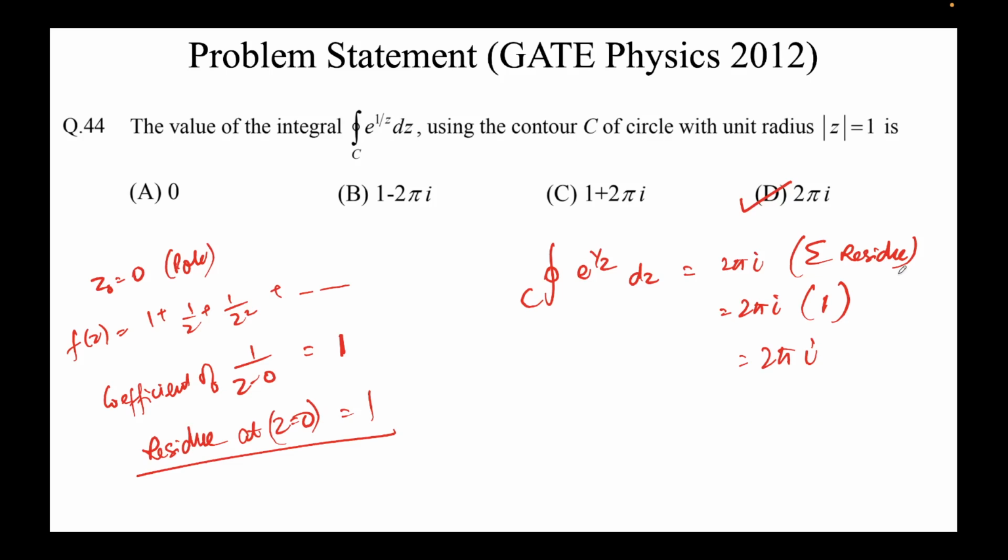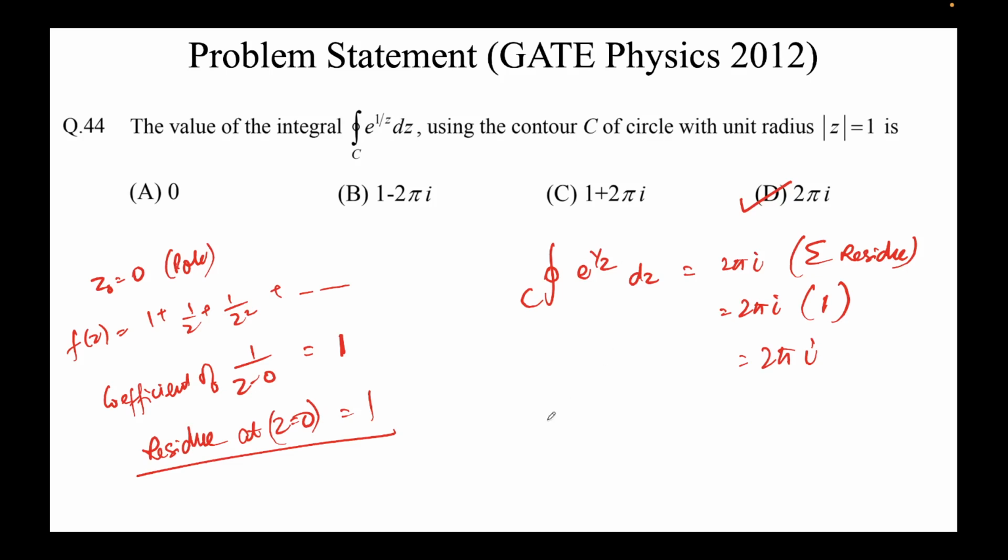That is more helpful in the case of polynomial ones, where you have, let's say, 1 over z square minus 3z plus 2, where you have two roots, two poles. There it's better to use the limit approach. I told you there are many ways of finding the residue.